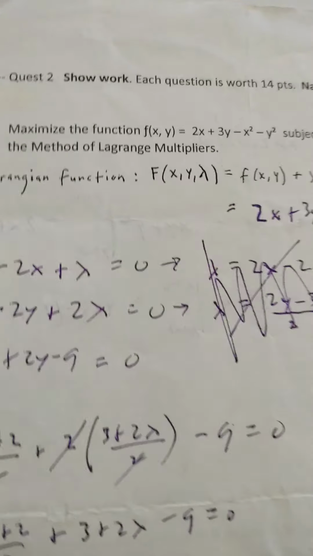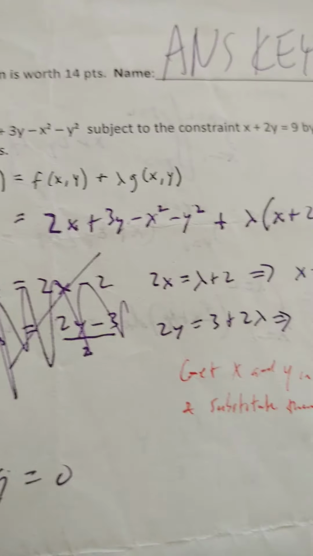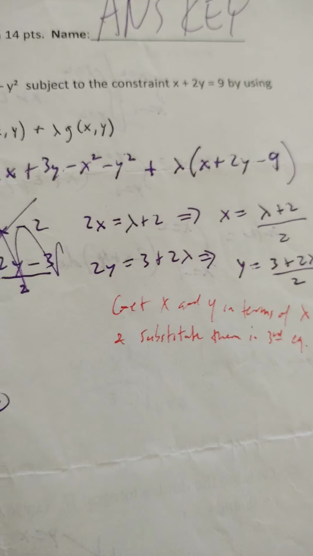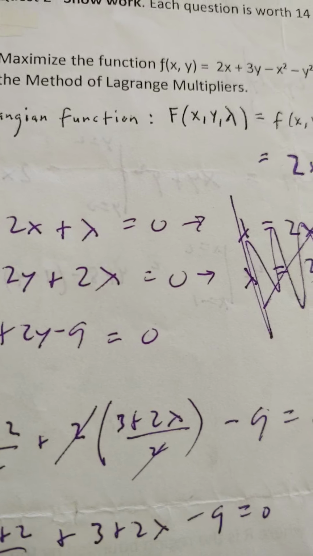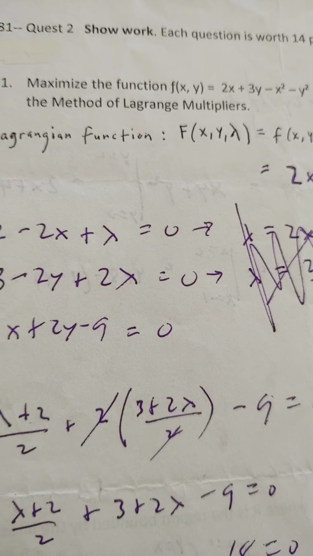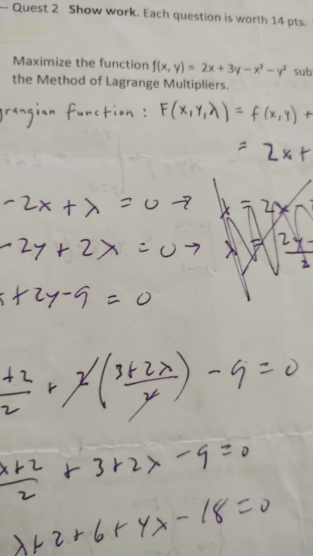Probably you'll see a question like this, by the way. Maximize the function, subject to the constraint. Remember, you always want 0 on one side for your constraint, ultimately. By using the method of Lagrange multipliers. That was on the practice test, the old final exam I put on Learn. So you should have that formula handy because you're going to need that formula, right?